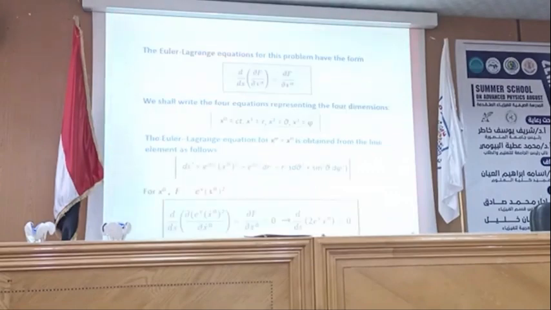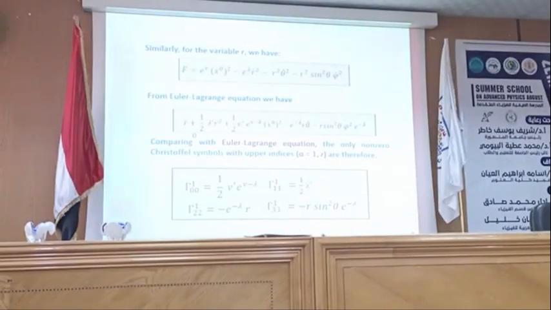Now, I can do the same for r. For r, as I said, f is equal to this function of r, this function of r, that function of r. So I have all this quantity. Each term of this quantity is a function of r. So in this case, my f is equal to the whole thing.